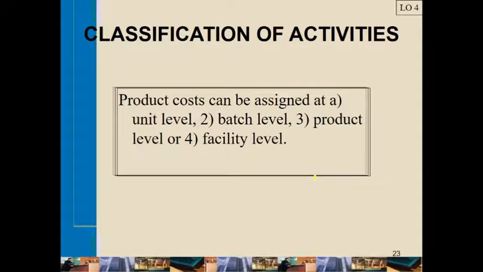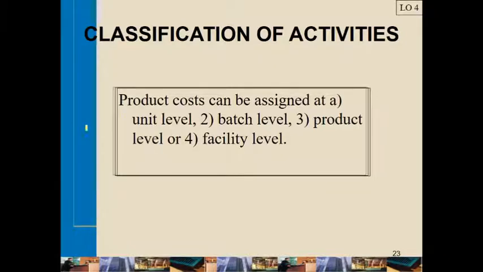Now, let's talk about the classification of activities. For product costing purposes, activities can be classified into 4 general activity categories, which are unit level, batch level, product level, and facility level.